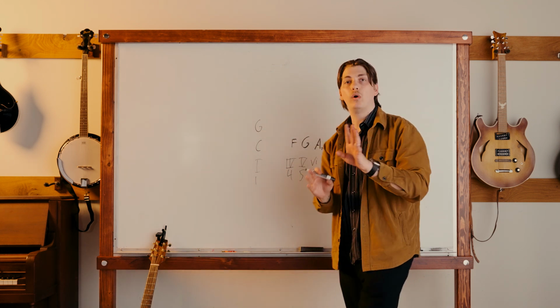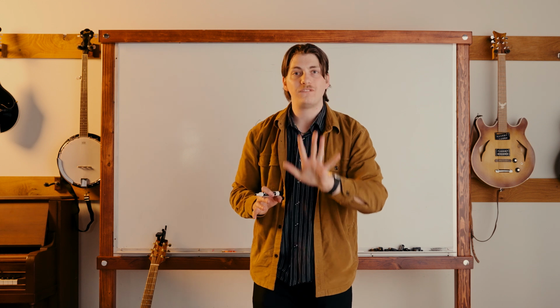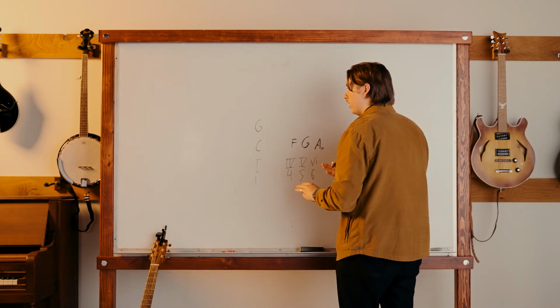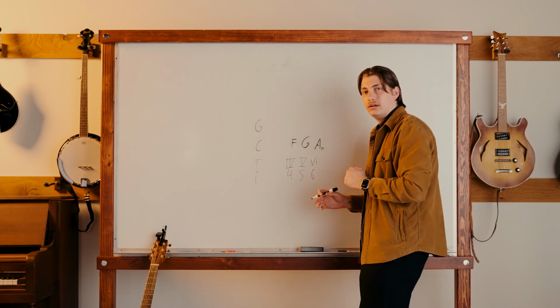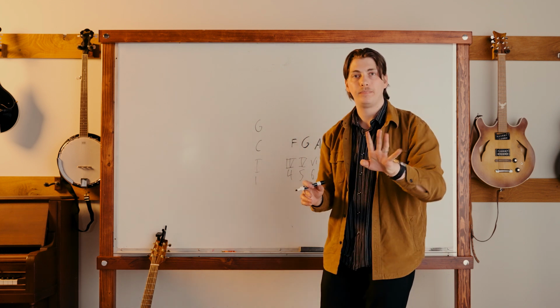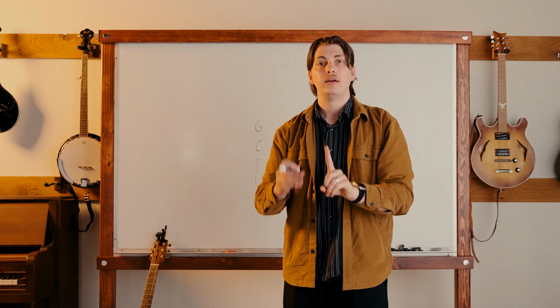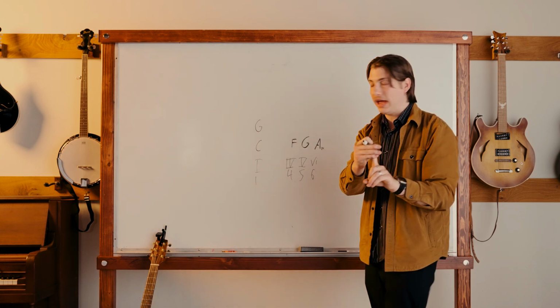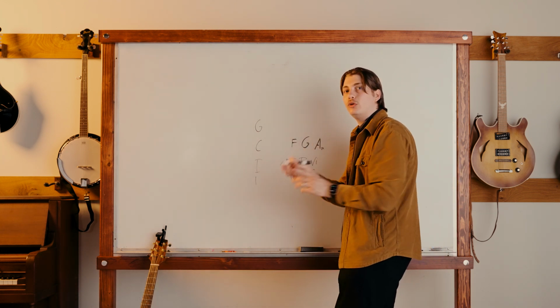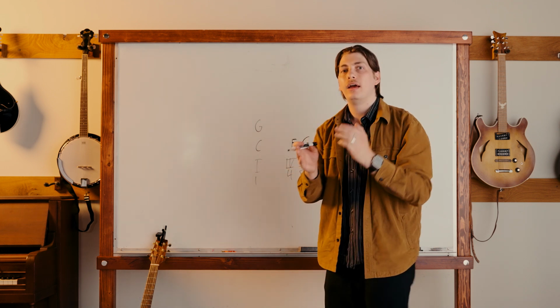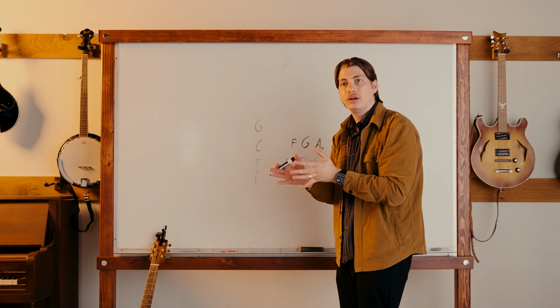So if I said, what's the 1, 4, 5, and 6 in the key of G? How would you do that? You would start with what? G as the 1, okay? And then you would follow the music alphabet. Does the music alphabet go to H?